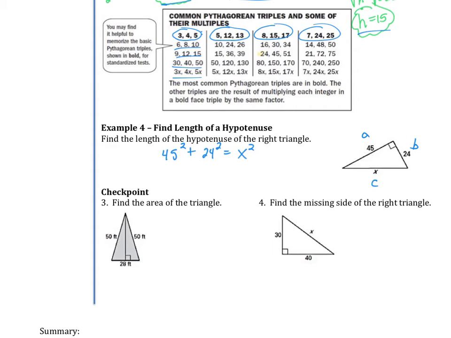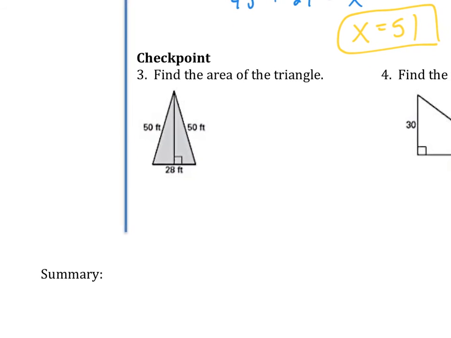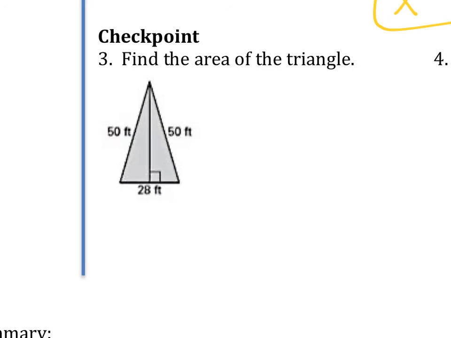If you look right here, 45, 24, and 51 are a Pythagorean triple. So we could say x has to equal 51. You don't even have to do the work because you can look at the chart and see that. If you have these memorized, you can do that; otherwise, show the work and solve for the missing part.